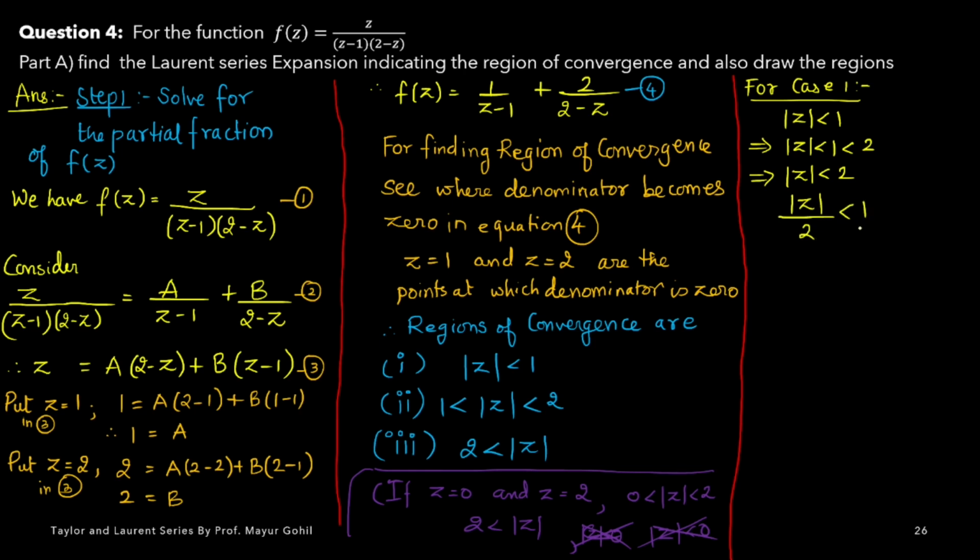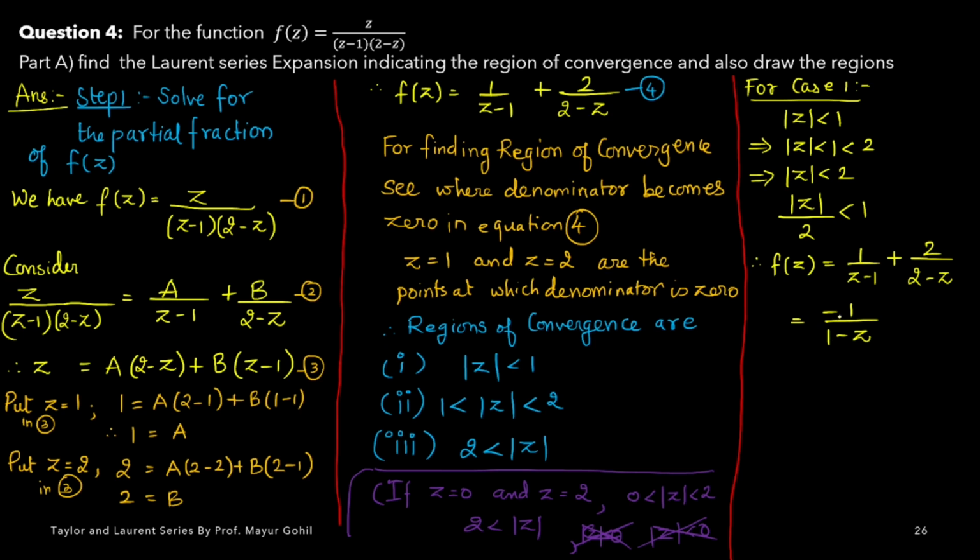Now these terms that we have got without mod, we have to establish in the partial fraction expression. Let us see what happens there. Therefore, f of z equals 1 upon z minus 1 plus 2 upon 2 minus z. Now we have to bring these terms. Firstly I write minus 1 upon 1 minus z, taking the minus sign common from the denominator.